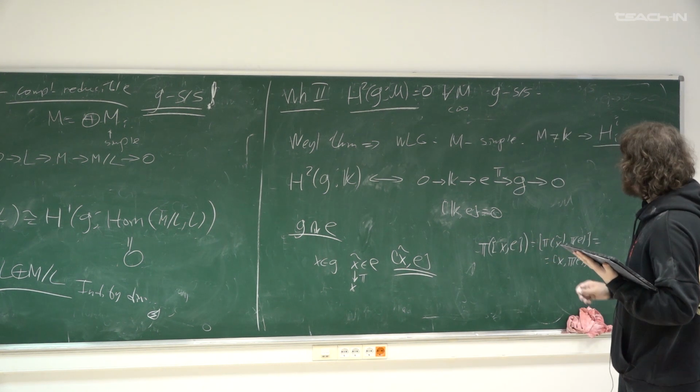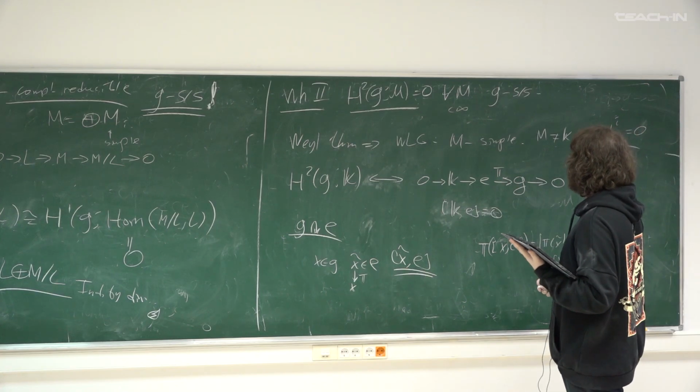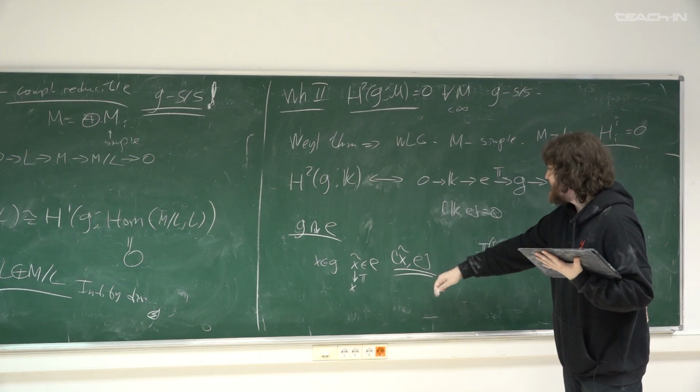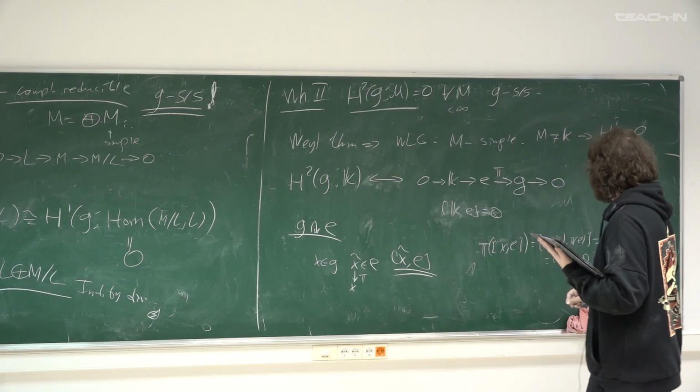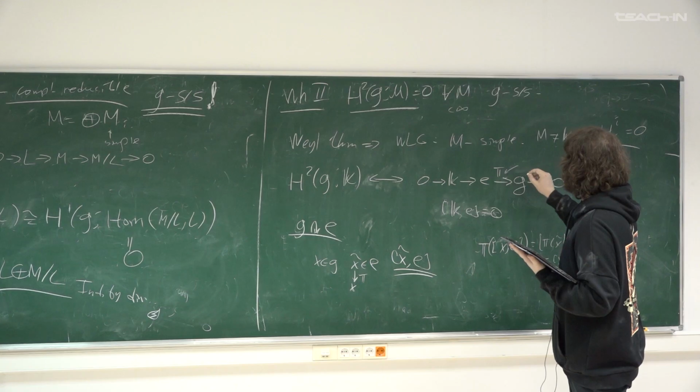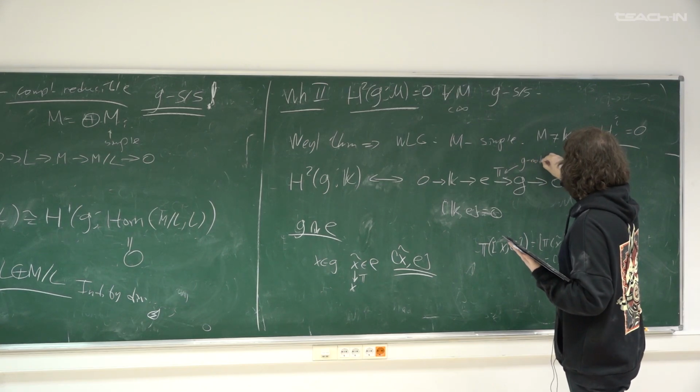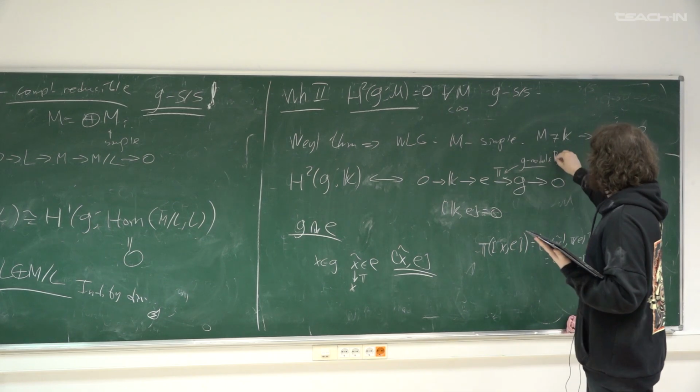So this means that pi is a G-module map, where we consider the adjoint G-module structure on this and this lifting G-module structure on E. Pi is not just a Lie algebra morphism, it is a G-module morphism. G-module morphism is important.